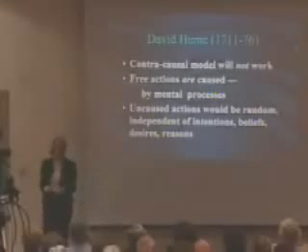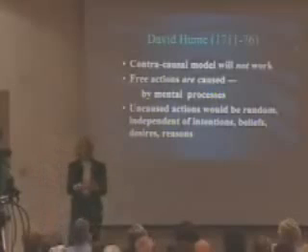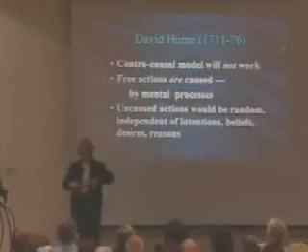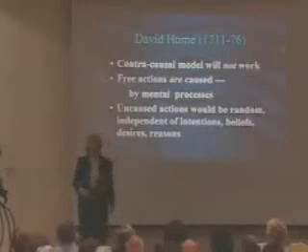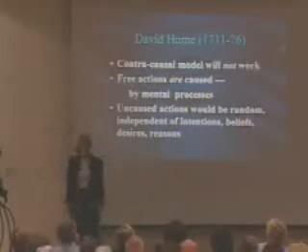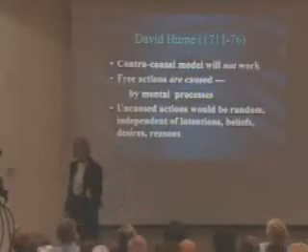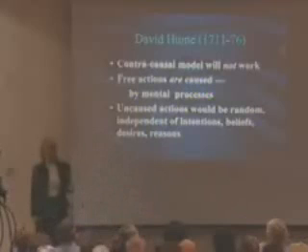If, for example, we imagine that I do something without any causal antecedents, without any desires, intentions, beliefs, or whatever, I just haul off and do it. You know, I just walk out of here and get on the roof. And you ask, why did you do that? And I say, well, that was just free choice exercising itself. Hume's argument is, that's crazy.